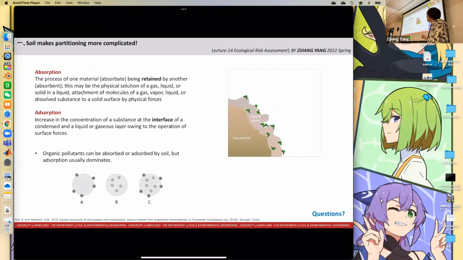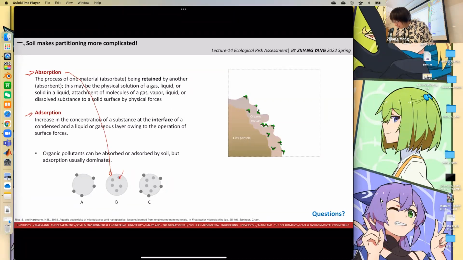What is the exact interaction between organic matter and organic pollutants? Generally we have two processes. The first one is absorption and the other one is adsorption. The difference is that absorption refers to the process in which the chemical gets into another phase, so it just gets into the body of the other phase.